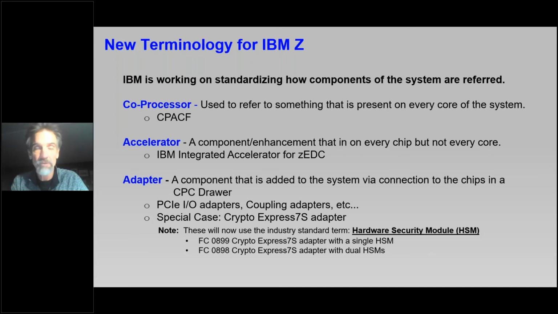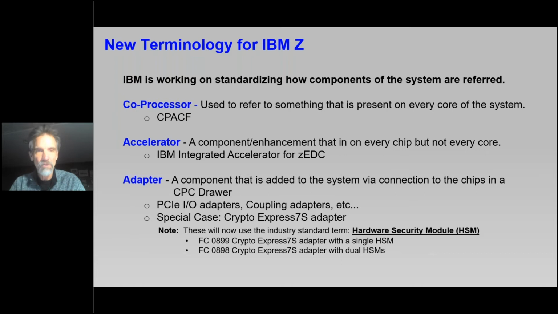CPACF, the base level cryptography, is an example of that. One of the reasons why they put that on every core was to become the mechanism to deliver on pervasive encryption. It allowed for a level of performance that was going to allow for that. Okay, and so CPACF is an example of a coprocessor.